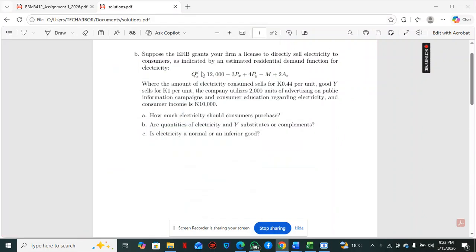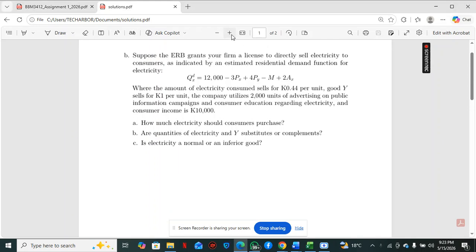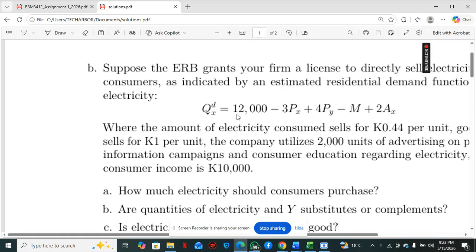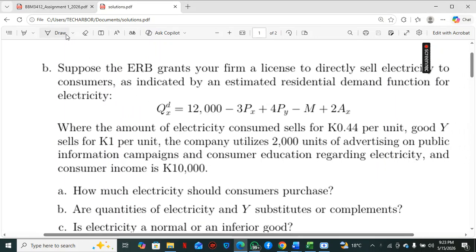Okay, so we have a question here which says, suppose the ERB grants your firm a license to directly sell electricity to consumers as indicated by an estimated residential demand function for electricity. So this is our demand function for electricity, all right?